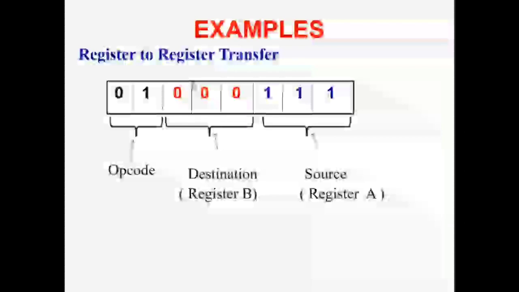The code for A is 111. And the B is the source because we are moving from B to A. So the first instruction of moving what is in register B to register A is 7801. That is the opcode. 111, that is the destination. And then is 000, that is the source.